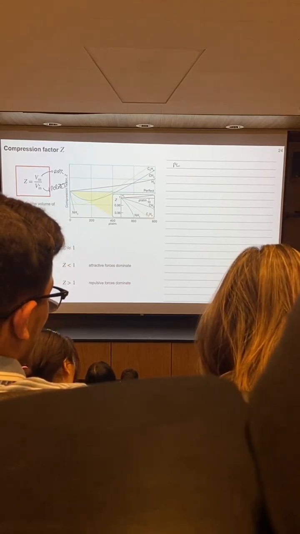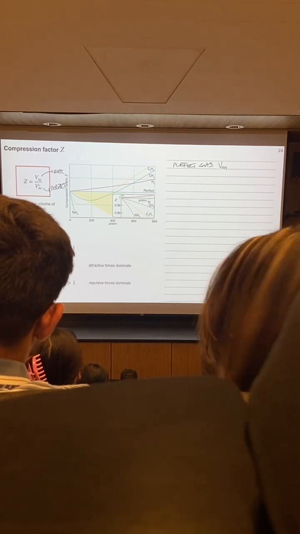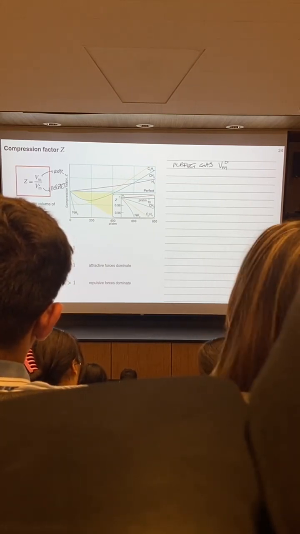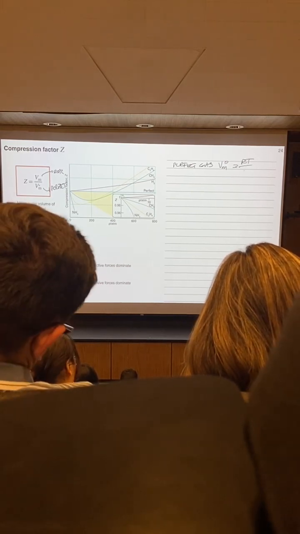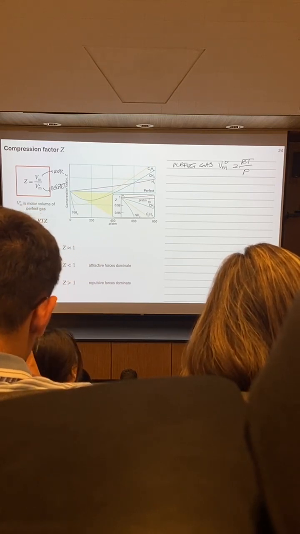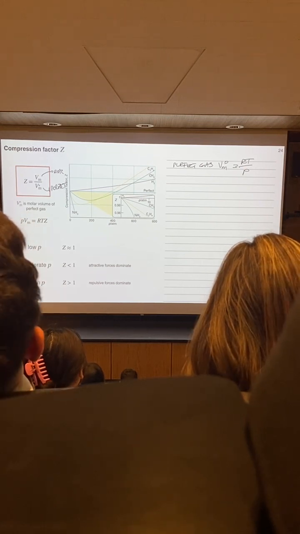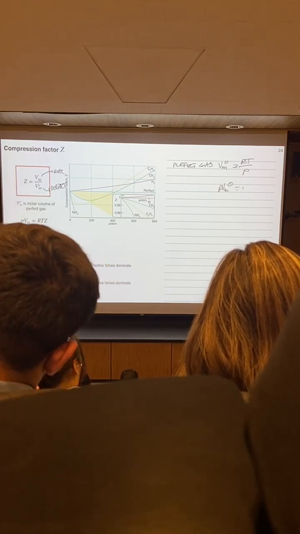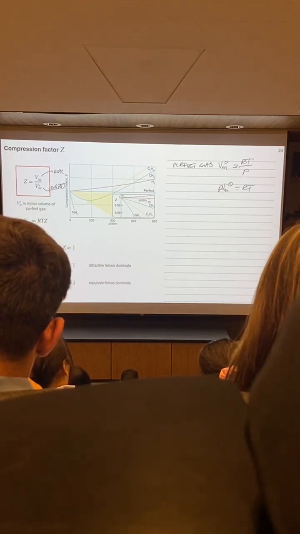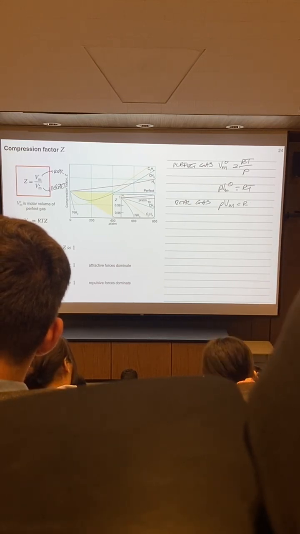So for a perfect gas, the molar volume, I'll give a little circle here to identify this as the perfect one, we've already seen is the gas constant times the temperature divided by the pressure, all of which implies that P V_m° equals RT, and for a real gas we're going to write this as P times its molar volume equals RT times Z, as is shown over on the left hand side.